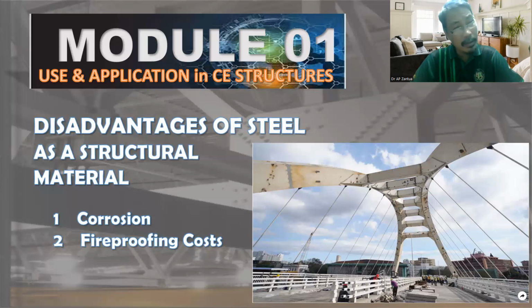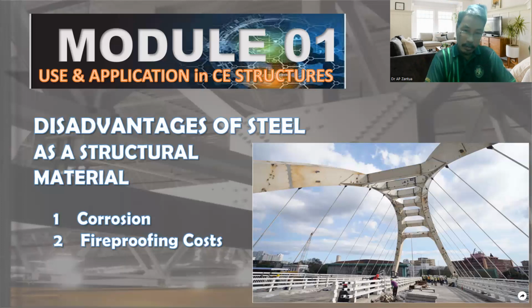At about 500 to 600 degrees Celsius, the strength of steel will go down to about 60 to 70% of its specified maximum. That is maybe lower than the working stress, so it is dangerous with respect to fire.